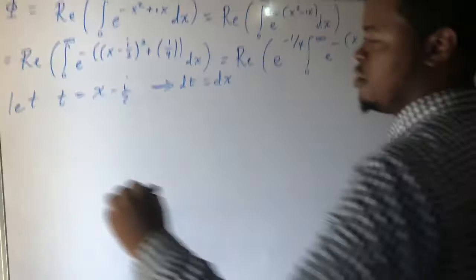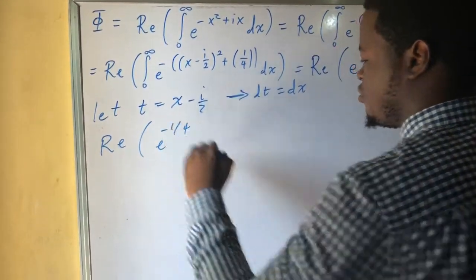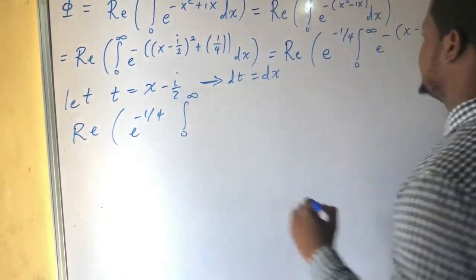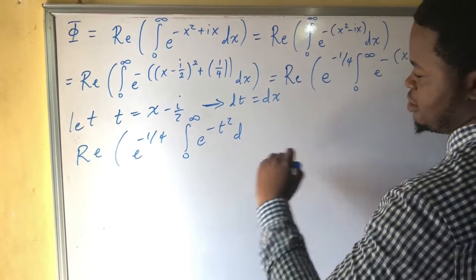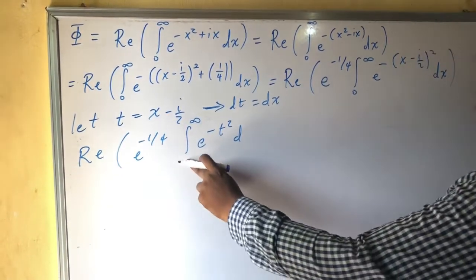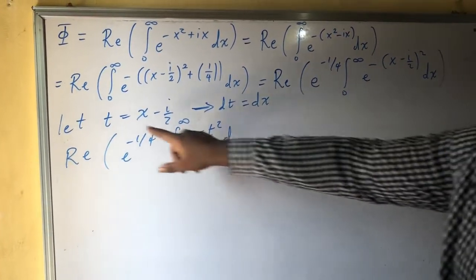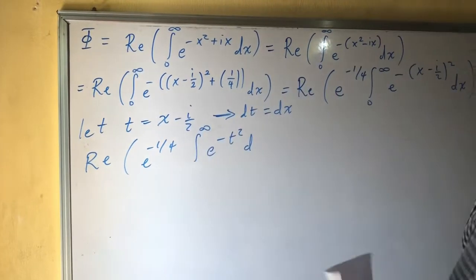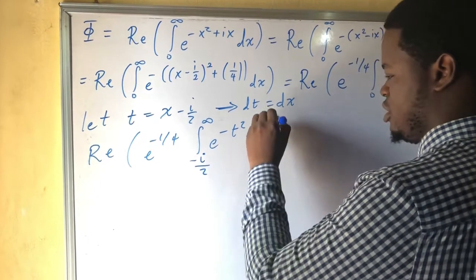So this integral will simply be the real part of e raised to power minus 1 over 4, 0 to infinity e to the negative t squared dt. Sorry, the limits will change because we did a change in variable. Now, if I plug in infinity, it's still going to be infinity. If I plug in 0, we are going to have minus i over 2 dt.